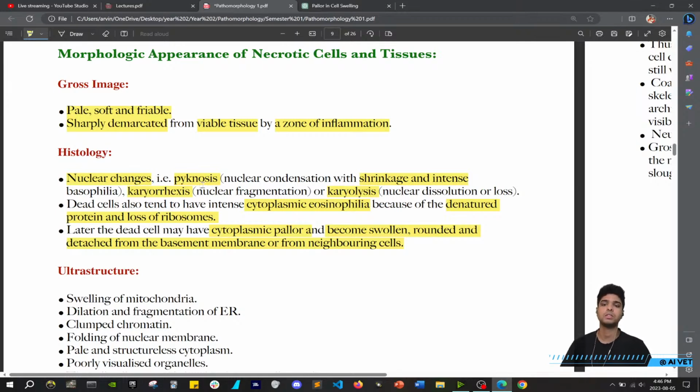Nuclear changes: pycnosis, karyorrhexis, karyolysis, nuclear dissolution or loss. Karyorrhexis is nuclear fragmentation.